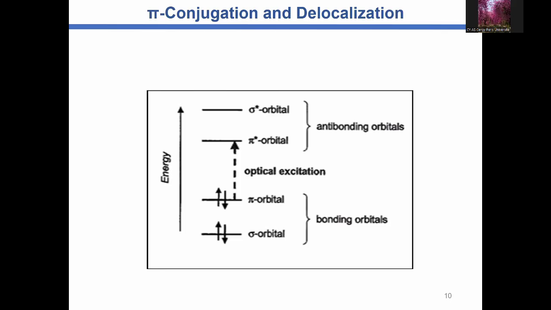So when you see here the electron with spin up, spin down, you can promote this electron to the p antibond orbital just using optical excitation.